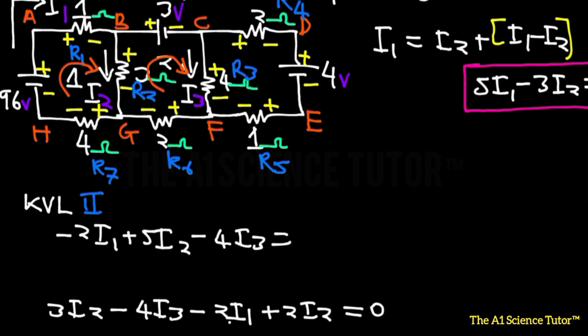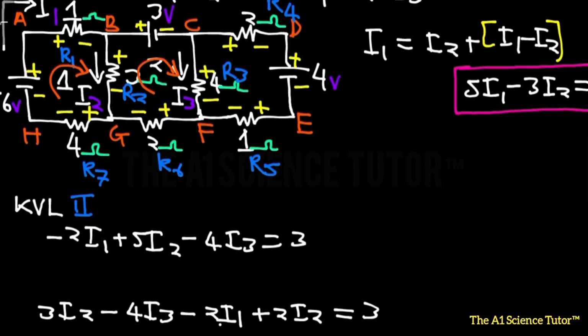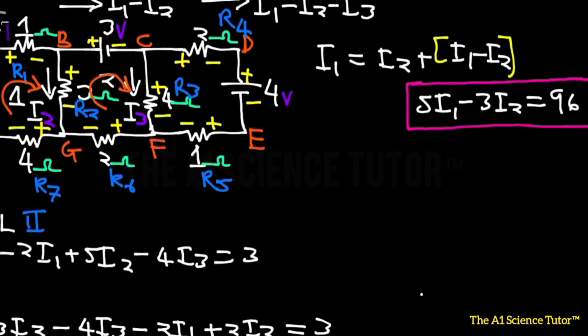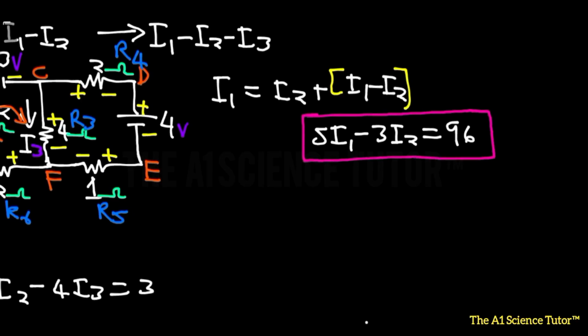So if we take it to the other side, we're going to have a positive 3. So this is an error I need to correct. So that's what you're going to have. That will be equation 2: negative 2 I1 plus 5 I2 minus 4 I3 is equal to 3.